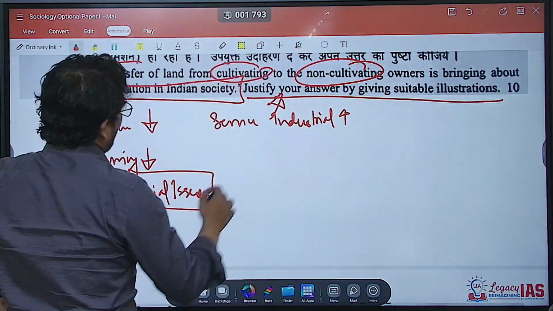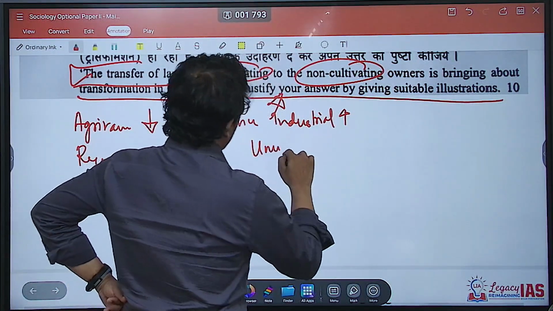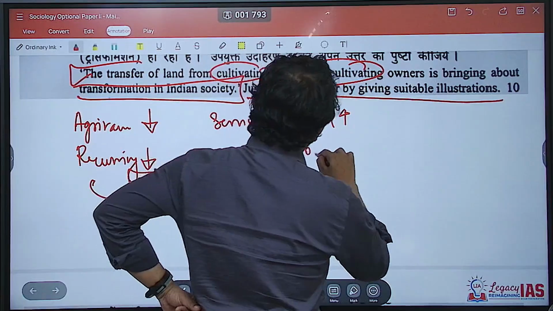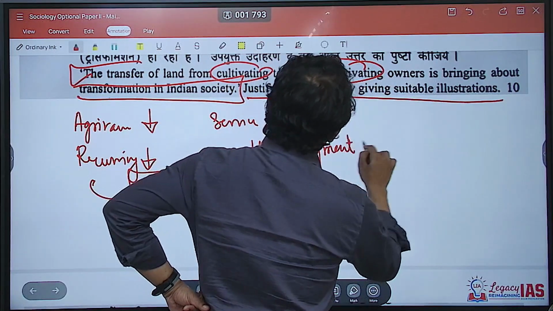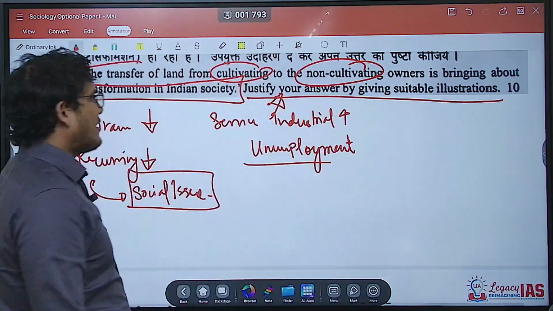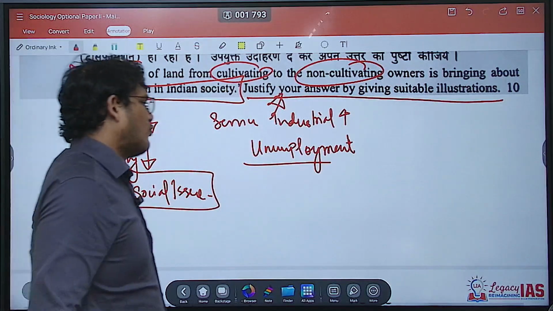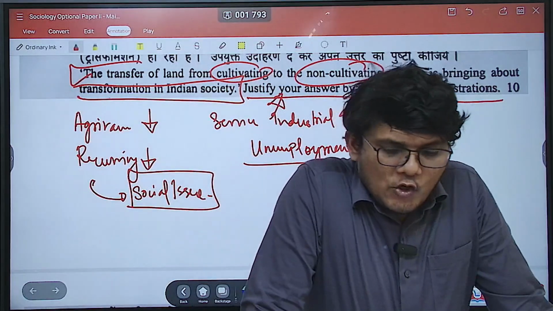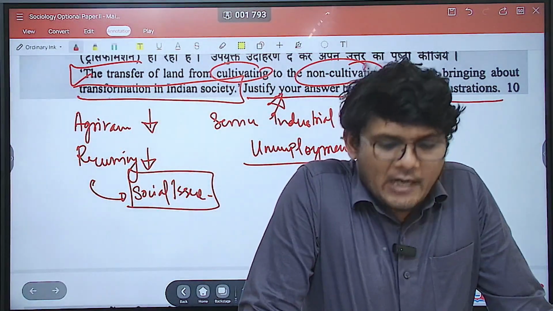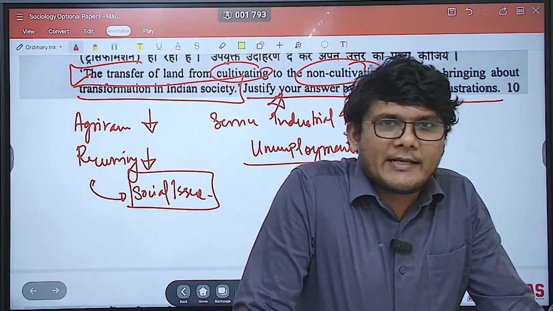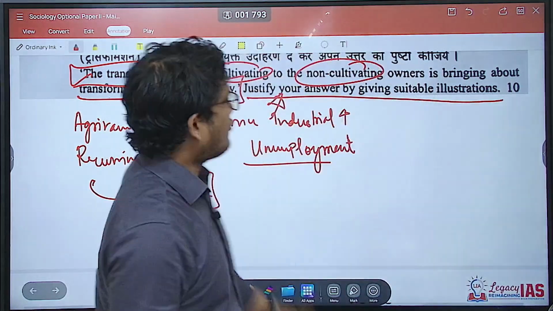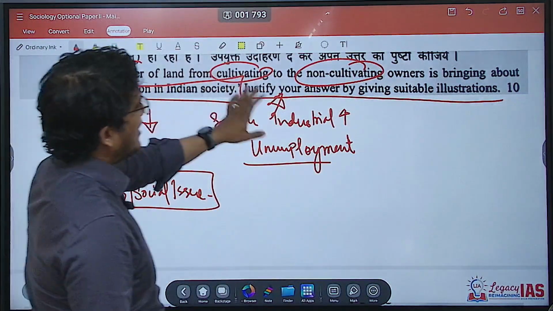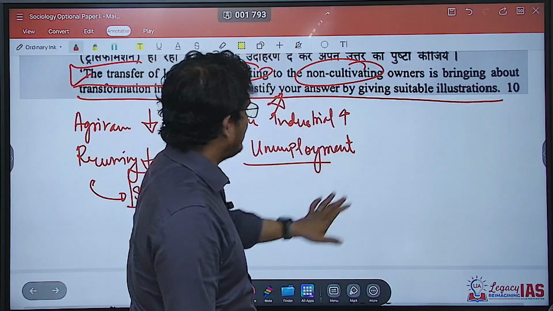It is also leading to unemployment, because the people who have sold the land, who were earlier agriculture, don't know as such what to do next. At the same time, the productivity etc. will also be gone, because the land is now being used for the non-agricultural purposes. It will also lead to inequality, pauperization, etc. So this is what you are going to write. It's a 10 marker. So you will be mentioning about these issues that are happening.